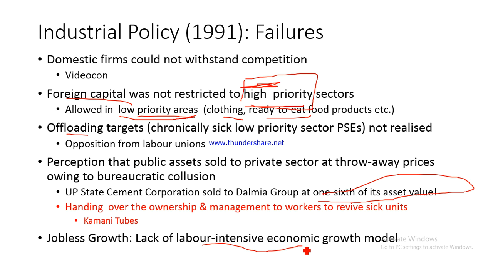Now that we have completed the Industrial Policy 1991, you have a brief idea of the Industrial Policy 1956 also. Then I talked about the background behind 1956 IP and 1991 IP. We also talked about the various provisions in IP 1991.